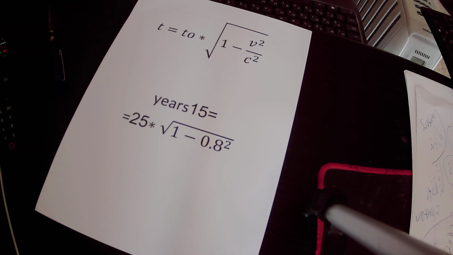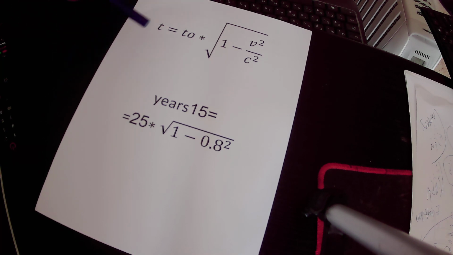Therefore, the rate of time flow in the spaceship will be slower than the rate of time flow on Earth. While on Earth it took 25 years for the twin brother to return from a journey in space, only 15 years passed in the spaceship because of time dilation.